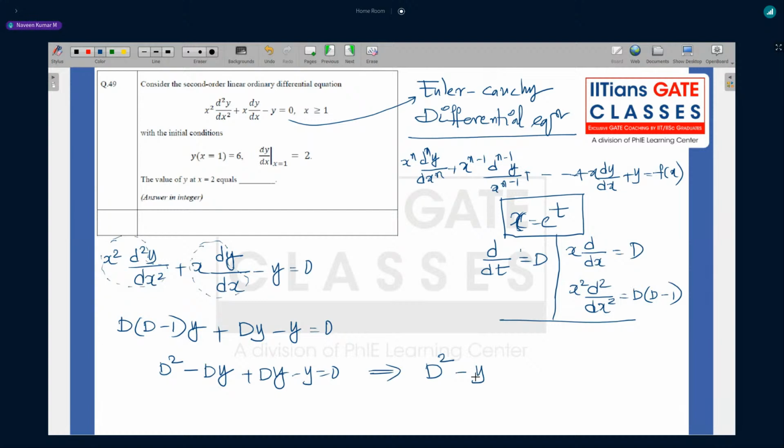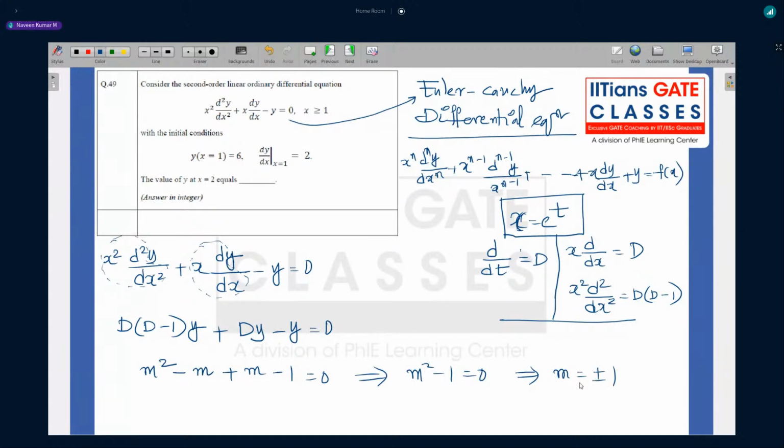So I can convert this into the auxiliary equation. I can write this as the auxiliary equation m square minus m plus m minus 1 is equal to 0. From here I can write m square minus 1 is equal to 0, and from here m is equal to plus or minus 1.